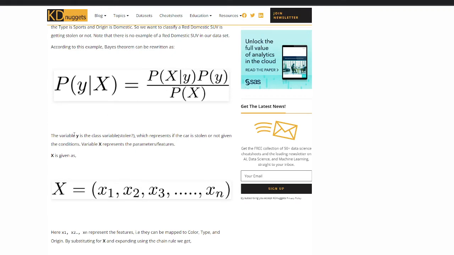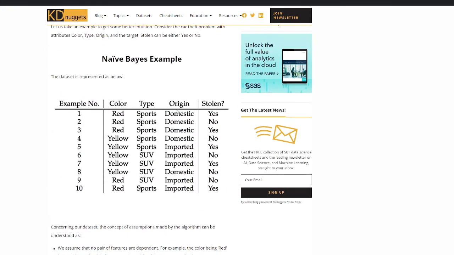The variable y is the class variable, stolen or not stolen. There are only two values, which represent whether the car is stolen or not given the conditions. The variable X, the big X, represents the parameters and the features. The features can be x1, x2, x3, like the color, the type of car, and then the origin.